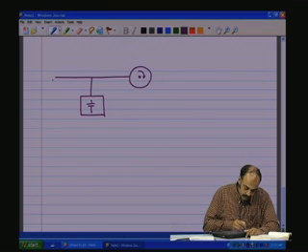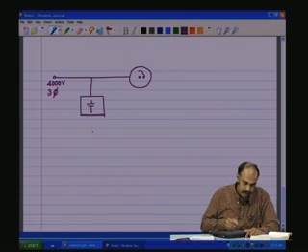Now, here you are having a 4000 volts 3-phase system. Power is getting generated from here. We are trying to put the power to the load here.